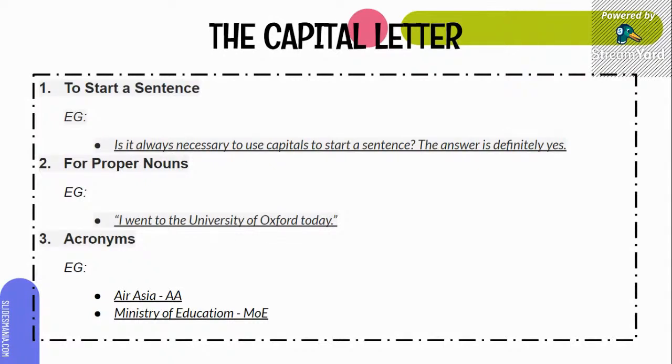The next one is an acronym. Usually they'll be taking the first letter of certain words and making it an acronym. For example, Air Asia, we will refer to as AA. Ministry of Education, we will be referring to as MOE. Kementerian Kesihatan Malaysia, KKM.